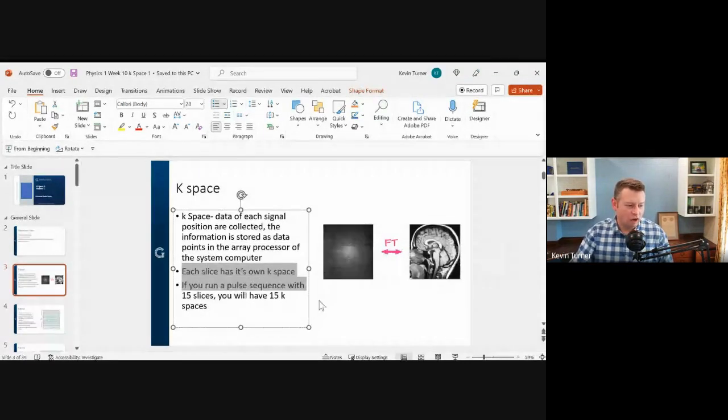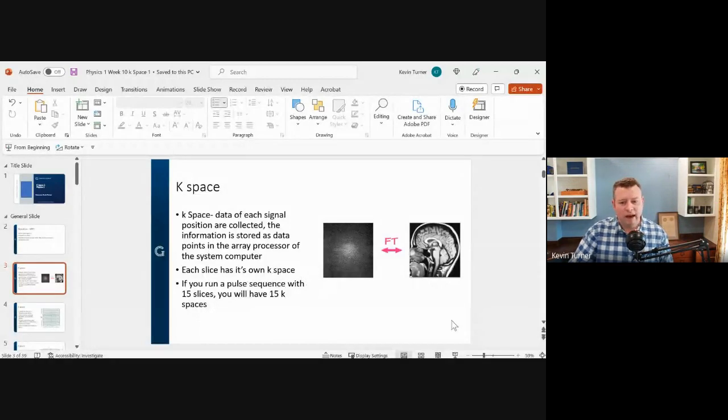Each slice has its own K-space. If I'm making 15 slices, then I have 15 different K-spaces. There is one K-space per image. How many K-spaces? That depends on you as a tech. You enter in the number of slices you want for a sequence. Then the computer says, okay, you want 17 slices? Then I'm going to create 17 K-spaces, one for each slice.